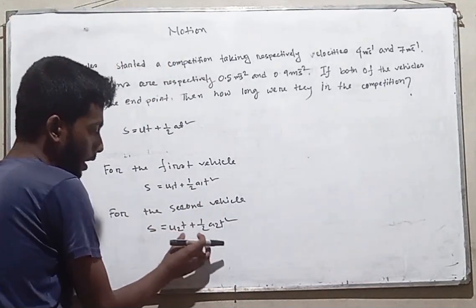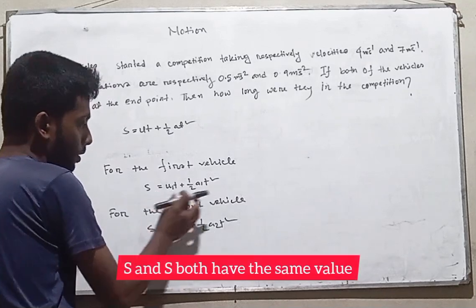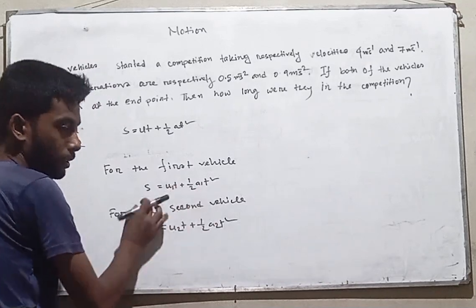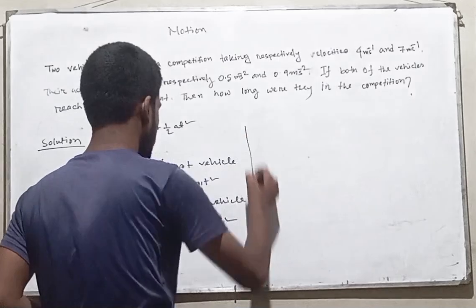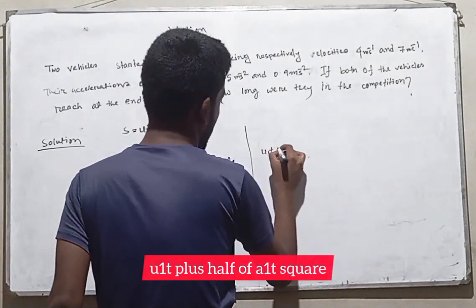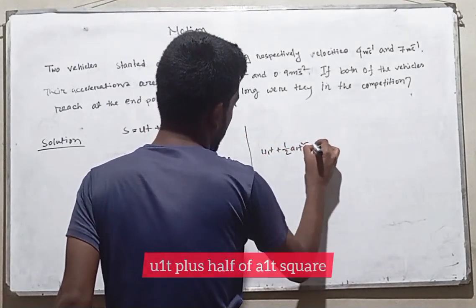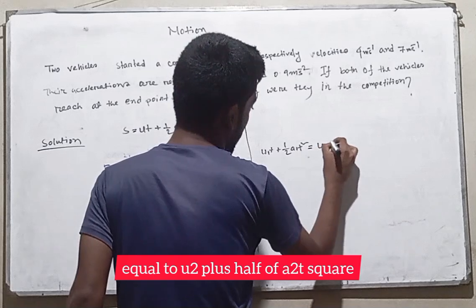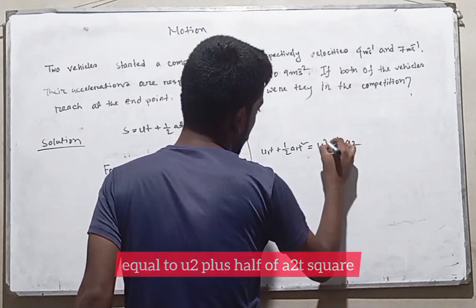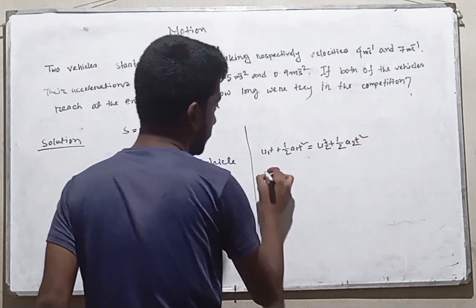So both have the same value. That is why we can write u1t plus half of a1t squared equal to u2t plus half of a2t squared.